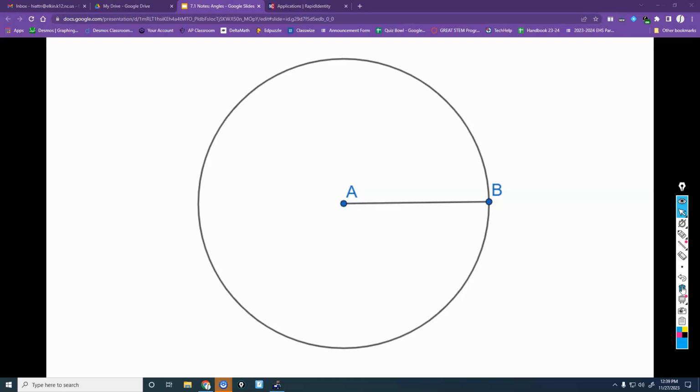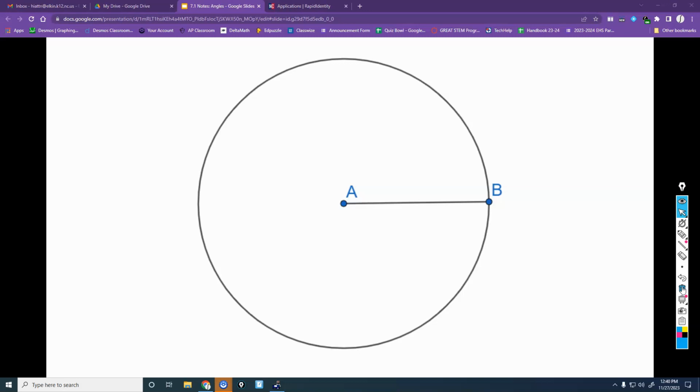Okay, so we're going to put a dot right here. This right here is our radius. The length of this arc right here is also the length of our radius. Then we're going to take our string and again start at this point, and lay it along the edge of the circle, going around the circle.